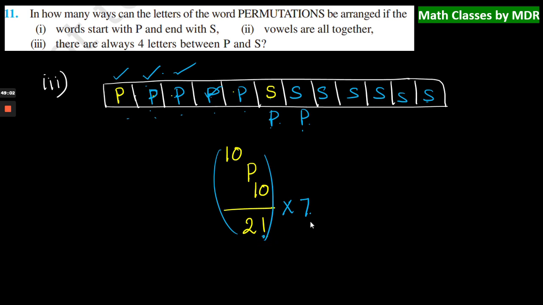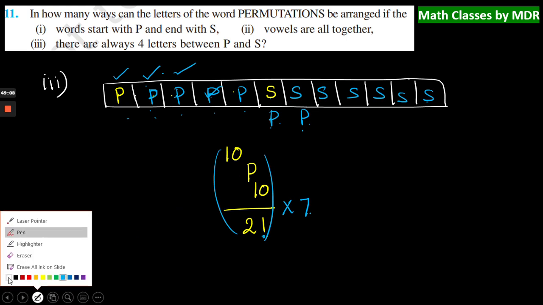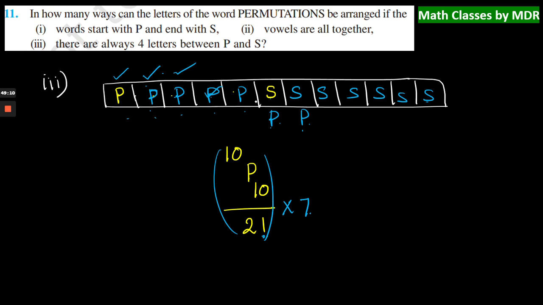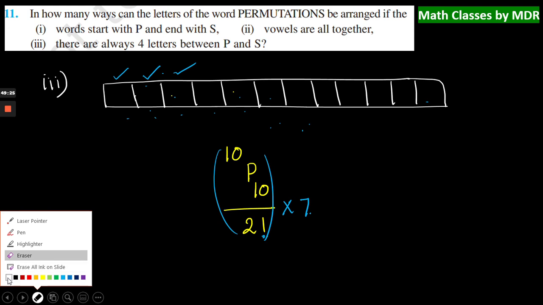So now is the problem over? Actually no. Why? Because instead of taking P and S like this, suppose I take S and P combinations. Let's see that. First I take S and then I take P. What would I get?